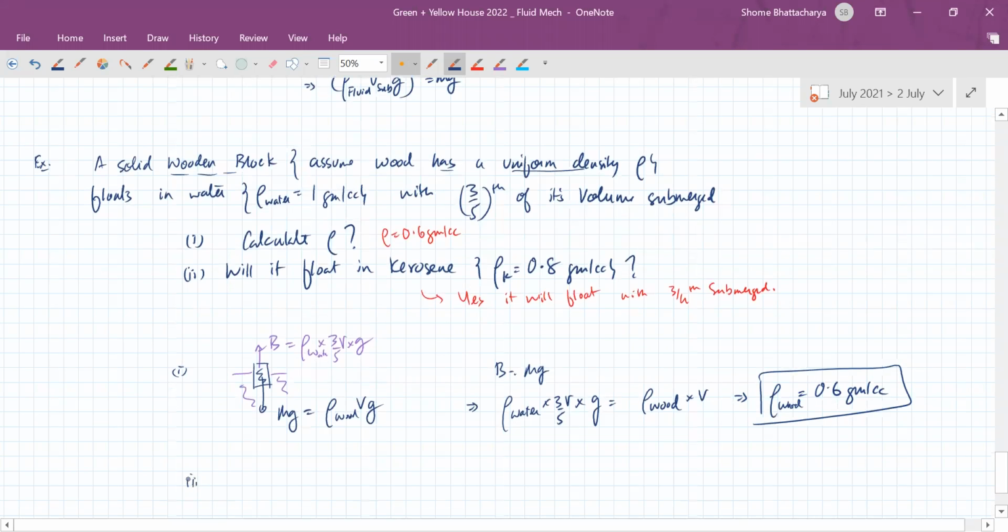Now for the second part, you can see that in kerosene oil, density of wood is still less than density of kerosene, so it will float.